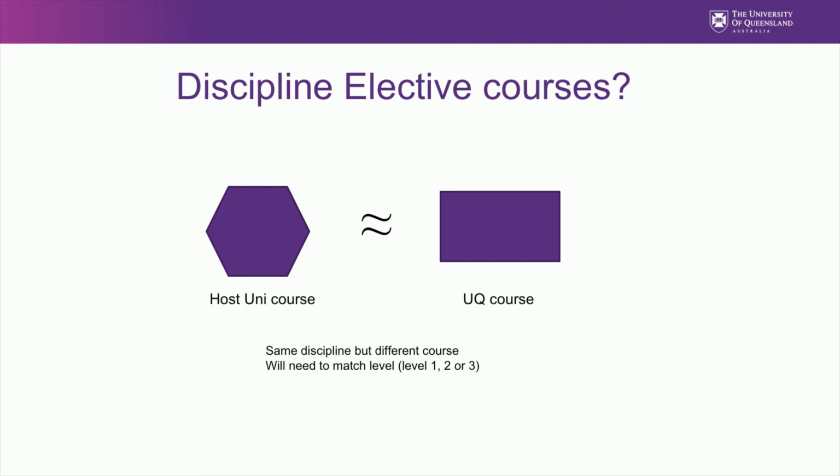They just need to fit into the discipline of study at the right level. Level 1, 2, or 3. This allows you to study courses that are not offered at UQ, but which still belong to the discipline that you are specializing in and allows you to get credit towards your UQ program.